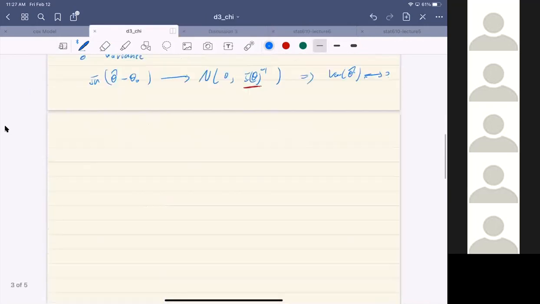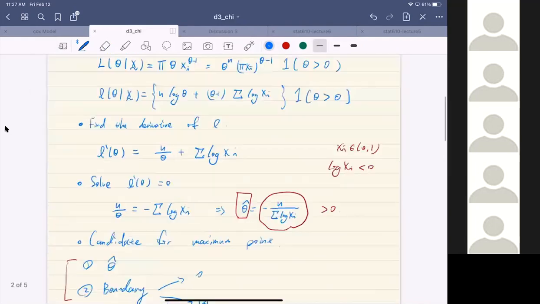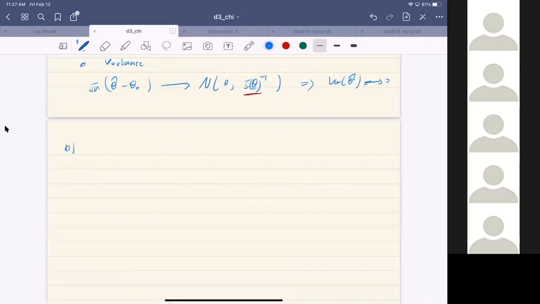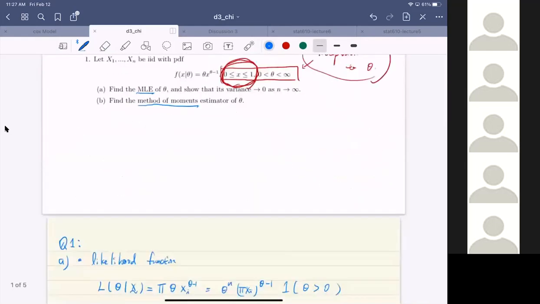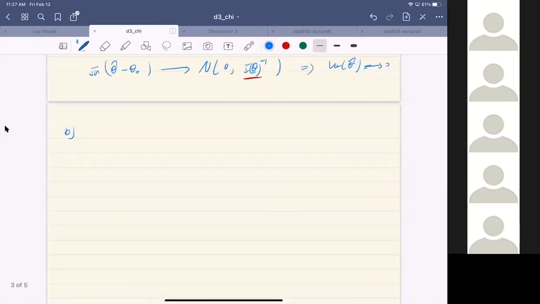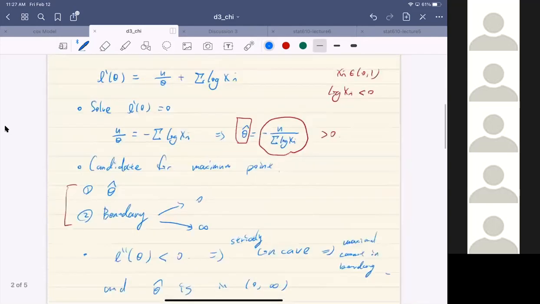How about we go to the second question first? Part B is the method of moments. So we want to find the expectation, which is the integral of x times theta x to the theta minus 1 dx from 0 to 1.